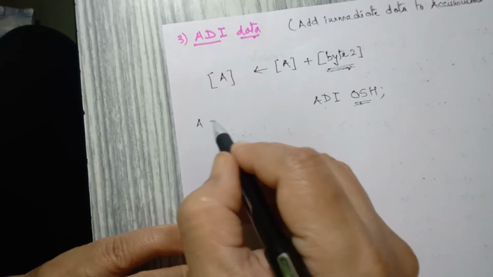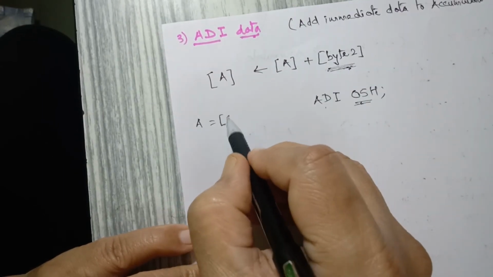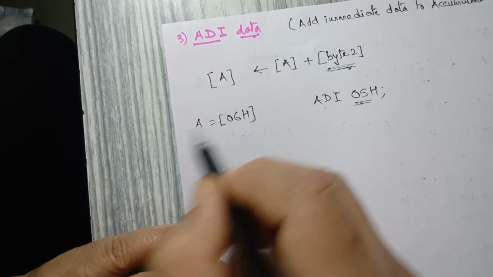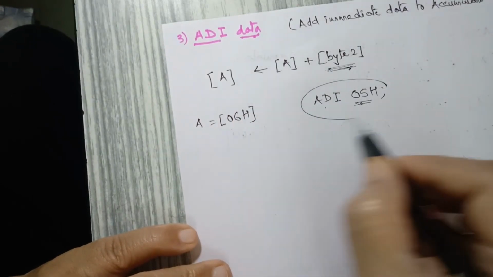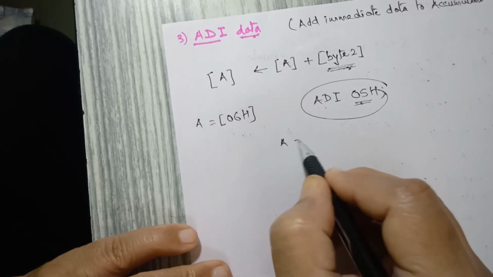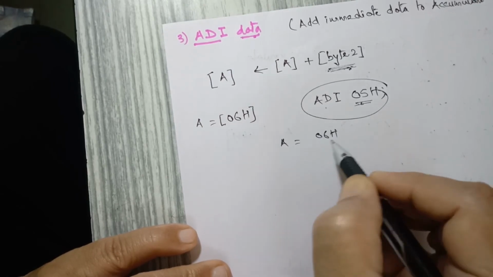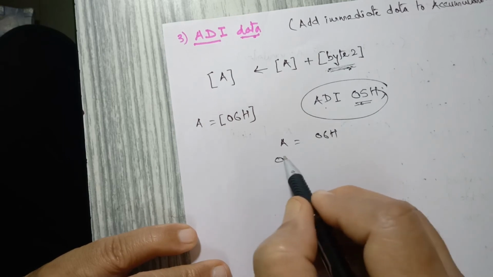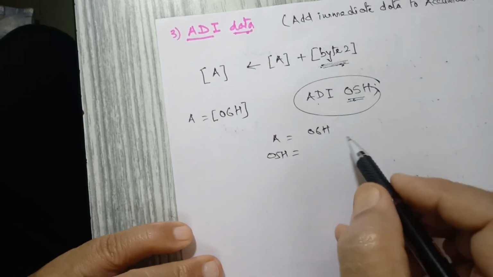For example, the accumulator has 06H and you are executing this instruction. So what will happen? The accumulator is 06 hex, and the immediate data is 05H, provided in the instruction.